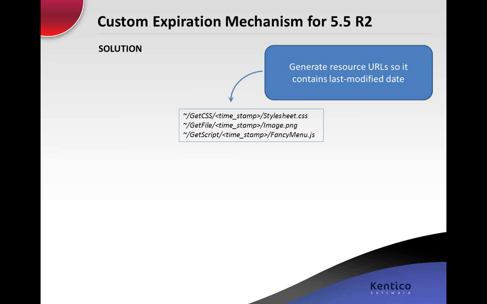The important thing is the timestamp portion of the URL, because if you are able to generate or include the timestamp in the URL, with every change the timestamp portion changes, which results in a different link in the page source, and obviously a different link which is not cached yet.